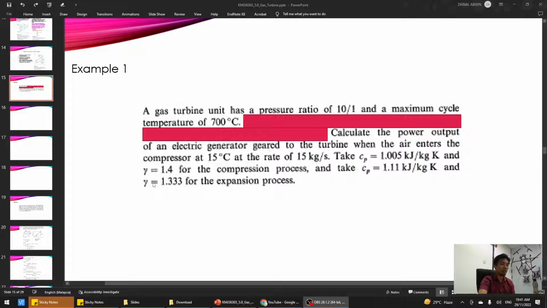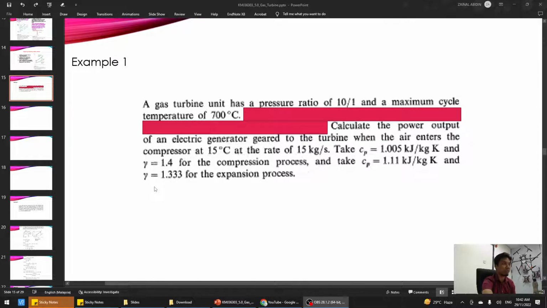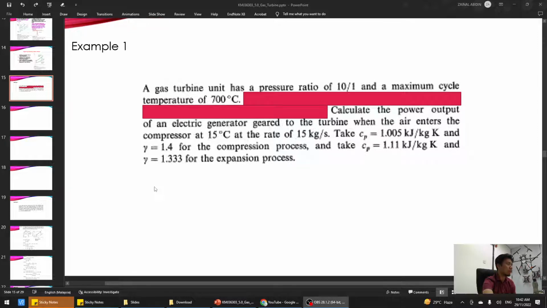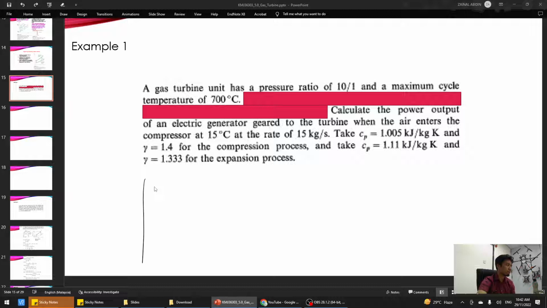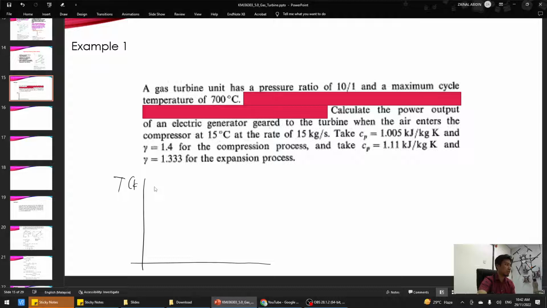I recommend you solve this kind of gas turbine problem using a TS diagram. T stands for temperature, we use Kelvin, and S is for entropy.